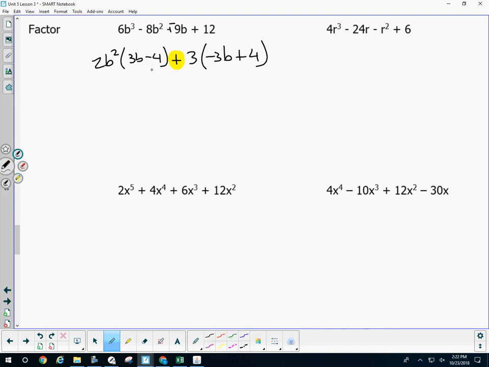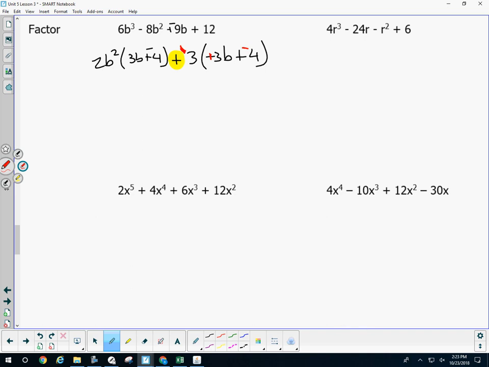So we want to go and pull out the 3b minus 4 or the negative 3b plus 4, but I can't because they're not the same. But I can manipulate something so that they are the same. What should we do? If this was a negative 3, maybe I need to factor out a negative 1, then they are the same.